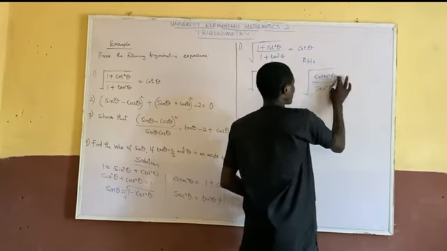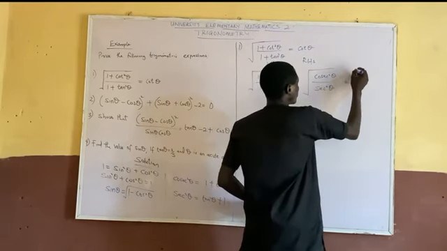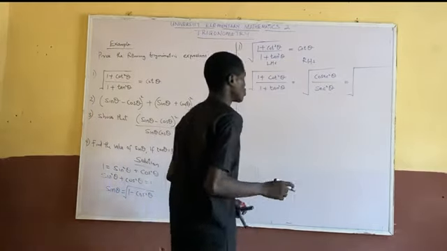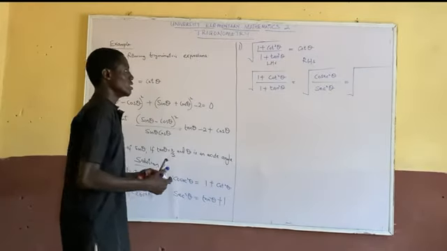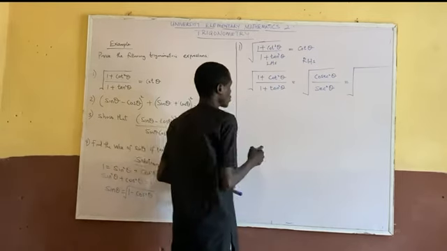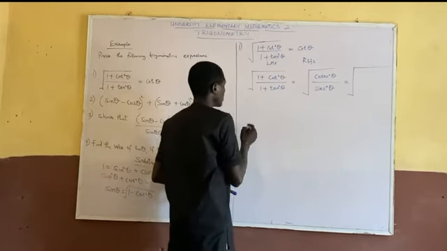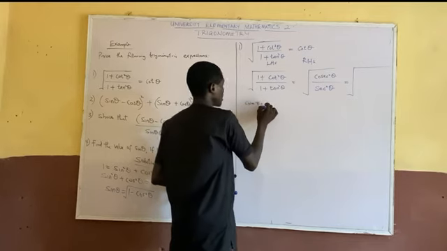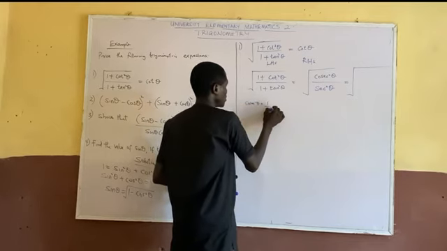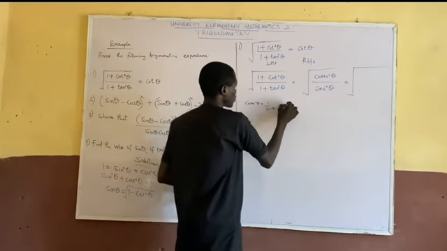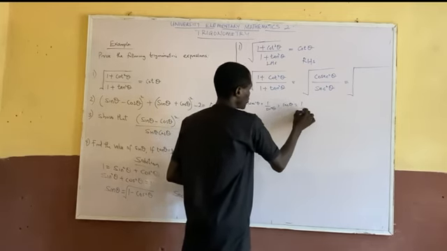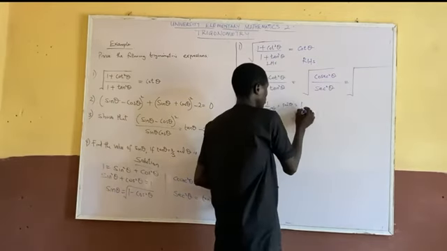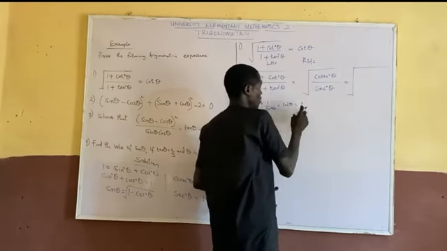Also you ought to recall that whenever we have cosec square theta, we can also write it as 1 over sin square theta, and sec square theta is the same thing as 1 over cos square theta.